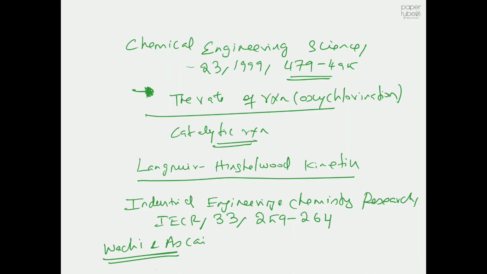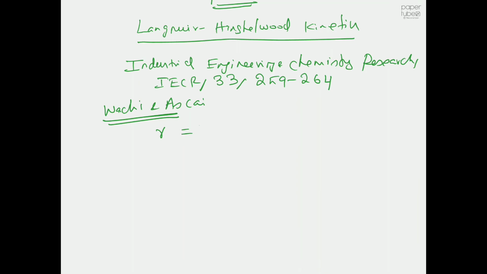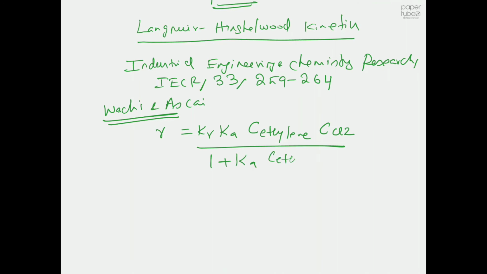They performed it in a lab scale reactor, and they found that the reaction follows Langmuir-Hinshelwood kinetics given by R equals Kr Ka times the concentration of ethylene times the concentration of chlorine, divided by 1 plus Ka times the concentration of ethylene.